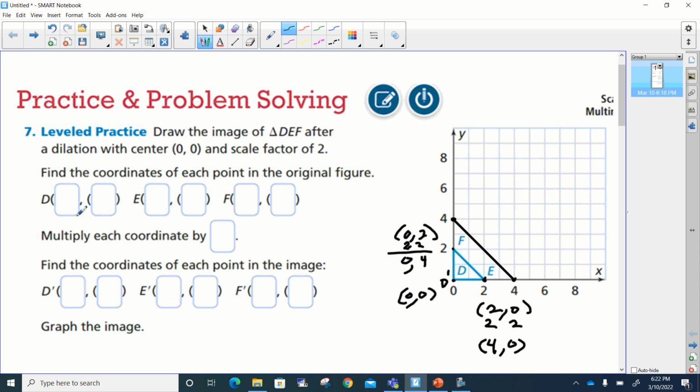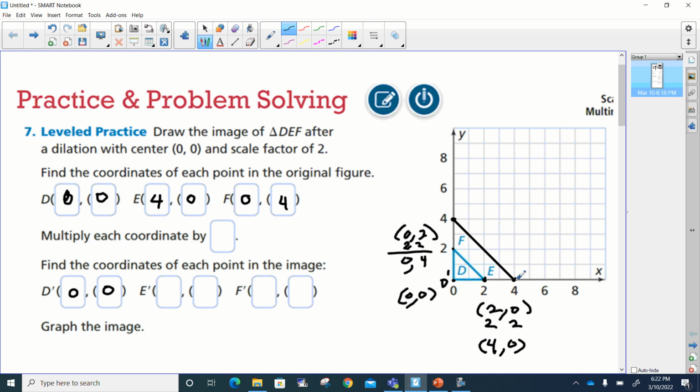And let's see. So the new coordinates, okay, find the coordinates of each point for the original one. D was 0, 0. E was 4 and 0. F was 0 and 4. Okay, and then for the new one, D is still going to be 0, 0.